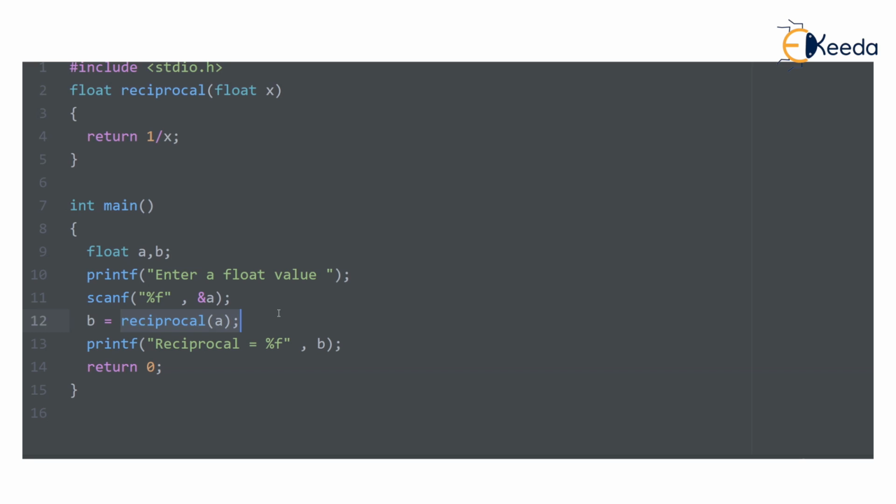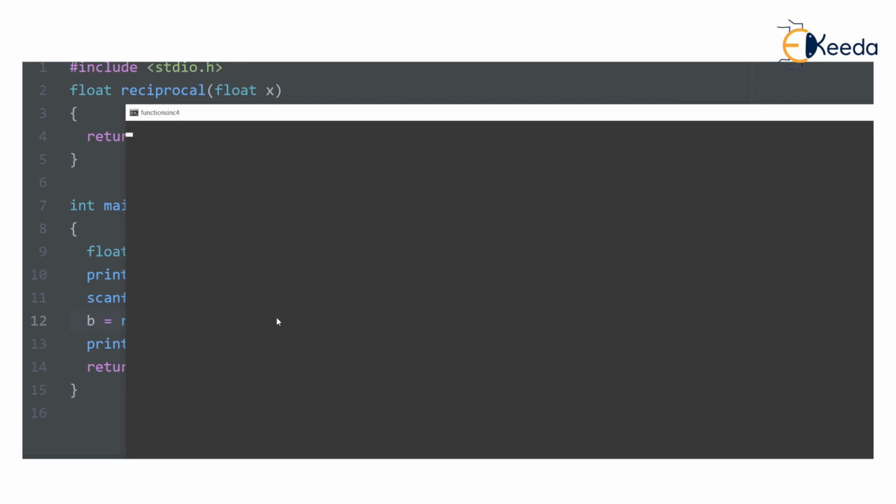This is the call to the function. So there won't be any trouble if I run this code. Obviously, this code will run because the entire function is defined above the call. So at the beginning, when the program runs, it is going to ask me to enter a float value. Suppose I enter 2, then the output surely is going to be 0.5.